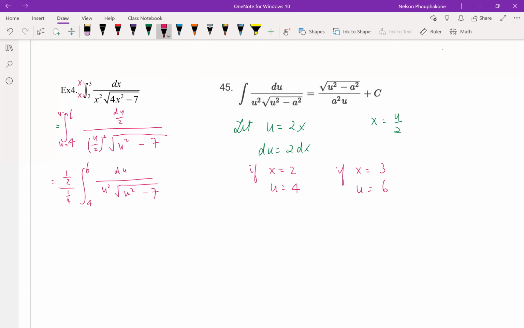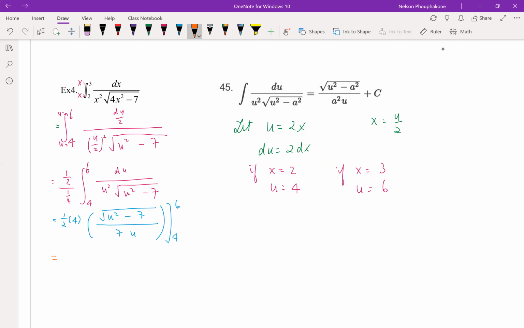So now I will have 1/2 times 4. I could work it out this way. I apply formula 45 now. So I will have square root of u squared minus 7 over 7u, and then we will integrate between 4 and 6.